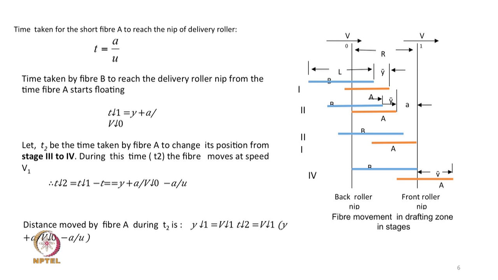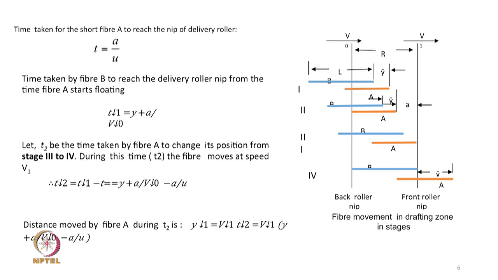Fiber A starts floating at stage 2, and from this moment onwards, fiber B starts moving towards the nip.